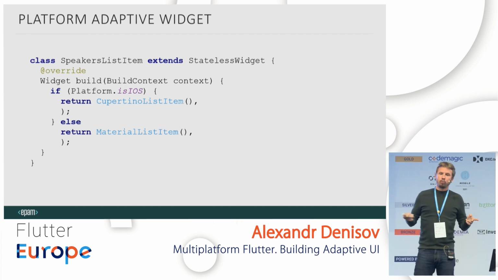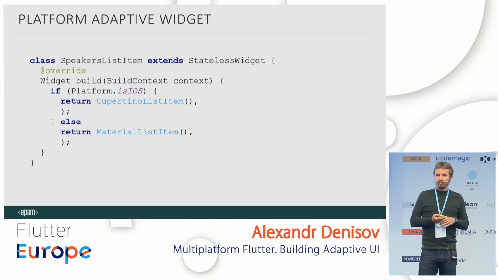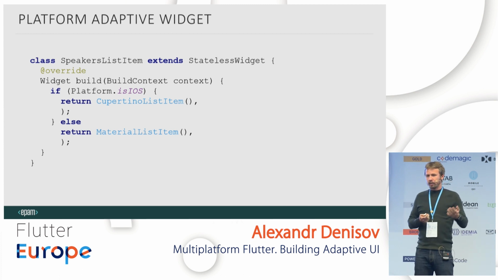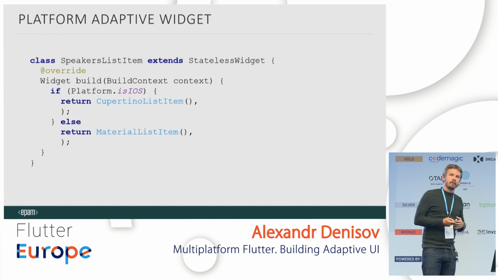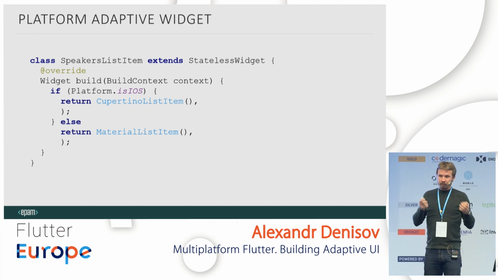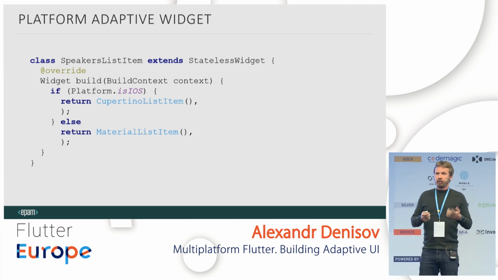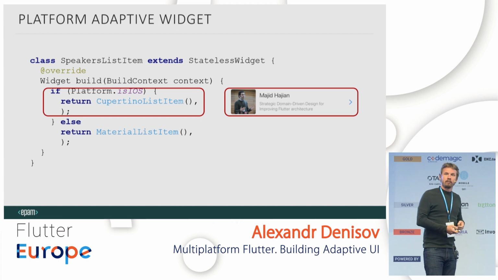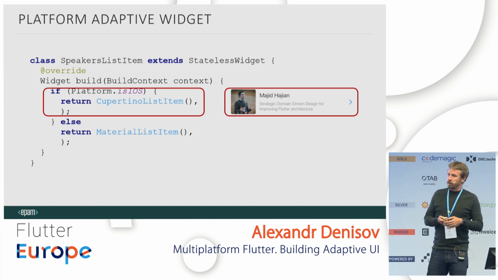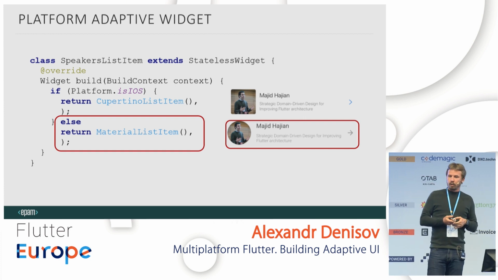There are two different classes for list items on different platforms. Cupertino list item for iOS and material list item for Android. And speaker list item just determines the platform and returns appropriate widget. In case of iOS, it returns Cupertino list item, and in case of Android, material list item.